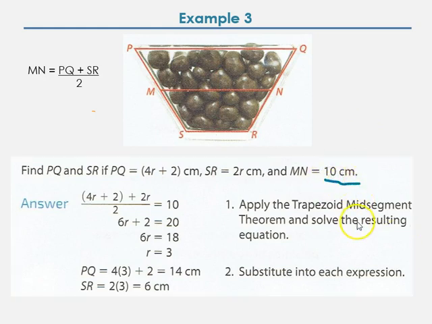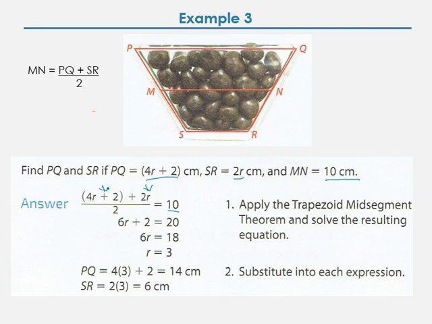MN is 10. So here it is, substitute in the formula. And we are going to find PQ, which is 4r plus 2, and there it is in the formula. And we're going to add it to 2r, and then we're going to divide it by 2.